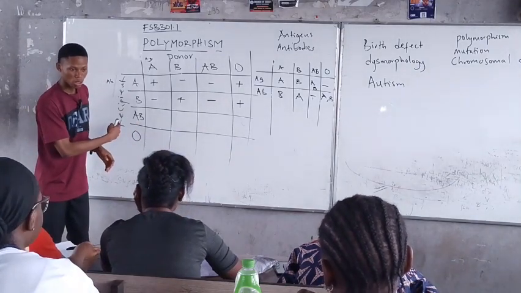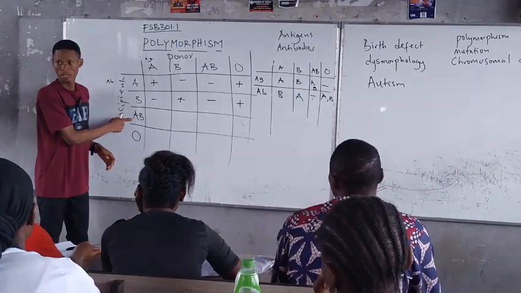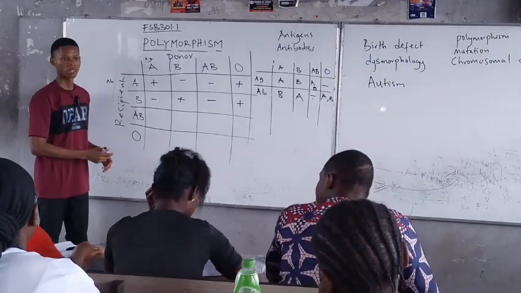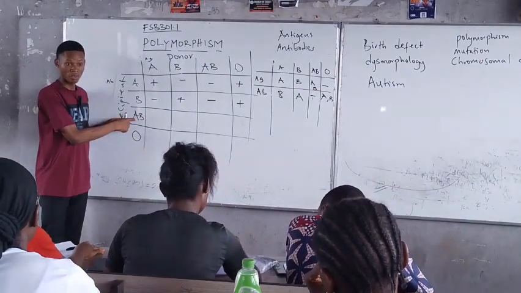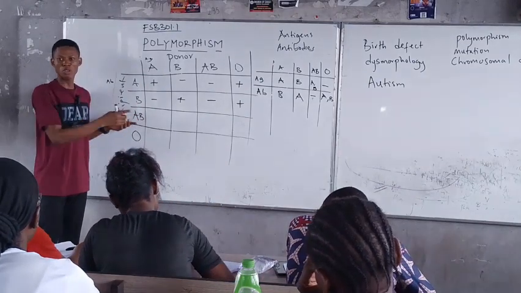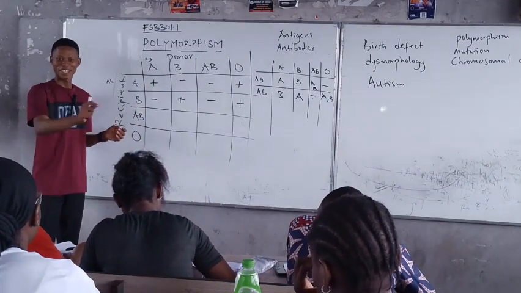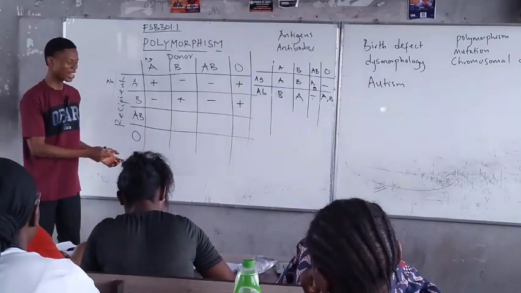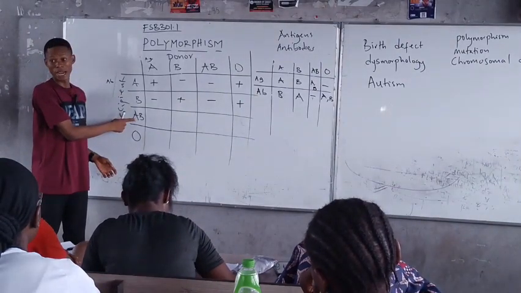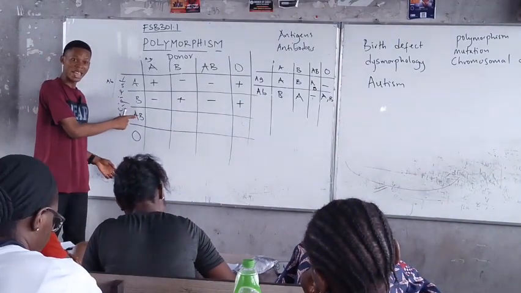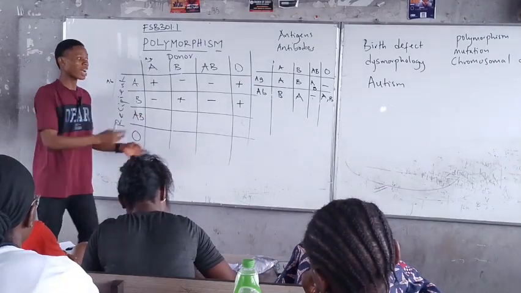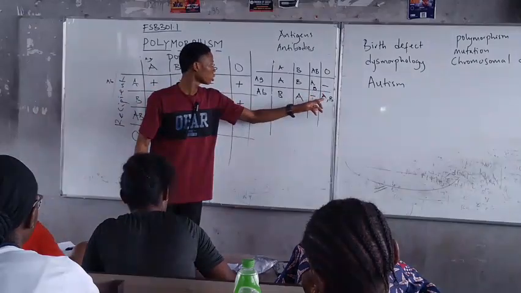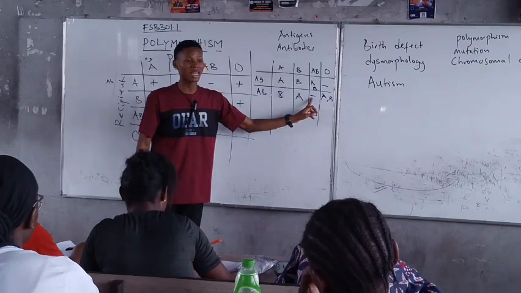What antibody do we have here? What antigen do we have here? So no antibody here, right? Because we have antigen A and antigen B. So this one cannot have any antibody.